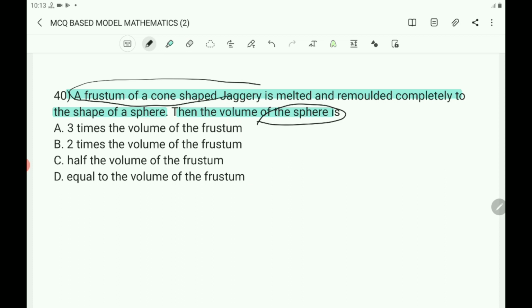So the volume of the sphere is equal to the volume of the frustum. Volume will not change. If the shapes are changed, surface area may change, but volume will not change. So what is the answer here? The answer is D, equal to the volume of the frustum.